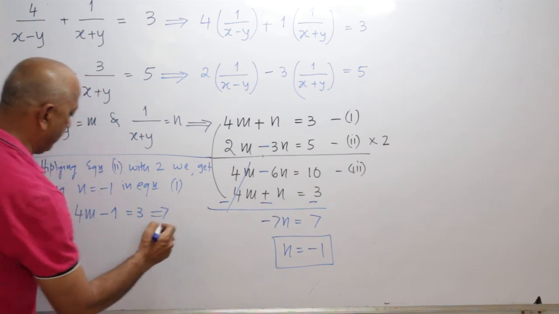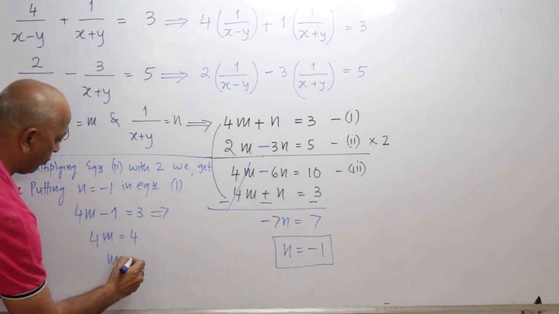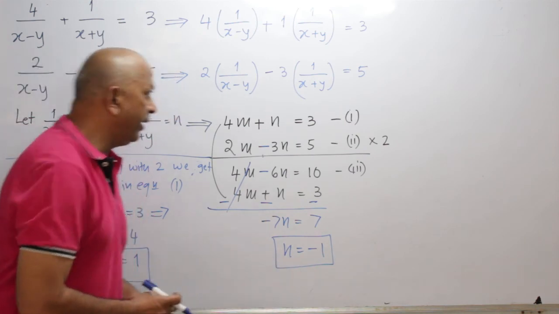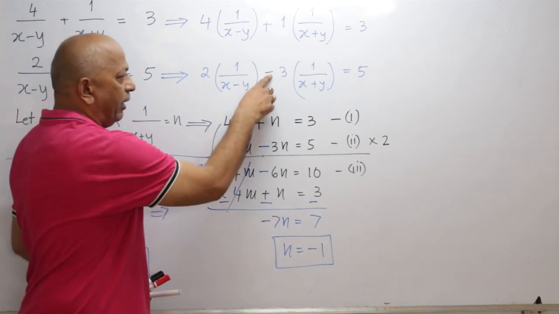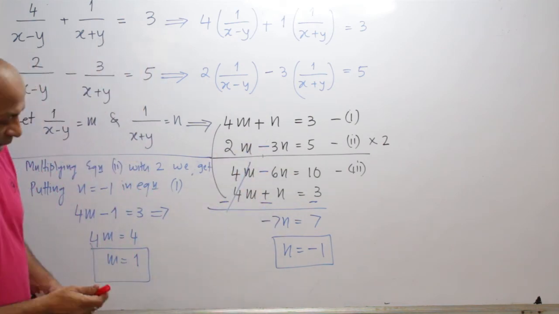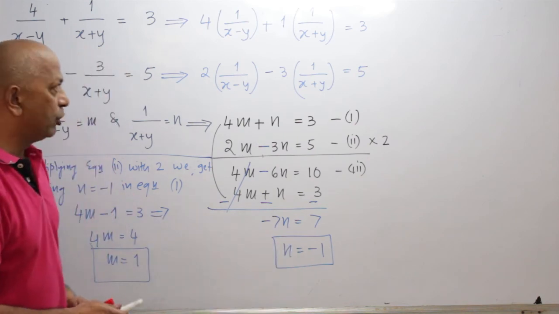That implies 4m is equal to 4 and m is equal to 1. So we got m is equal to 1 and n is equal to minus 1. Because I made a plus here, I got a little confused with the values. So now we have m is equal to 1 and n is equal to minus 1.